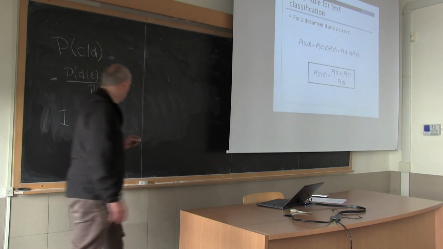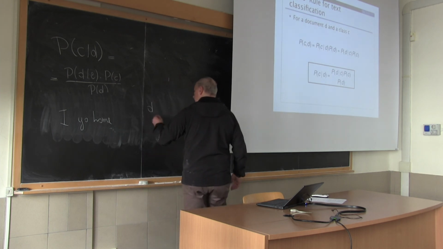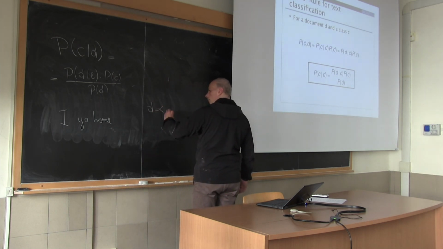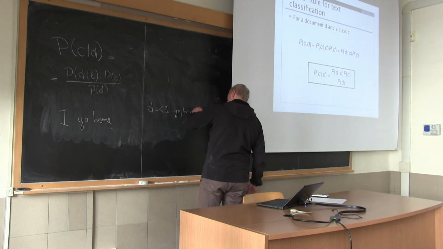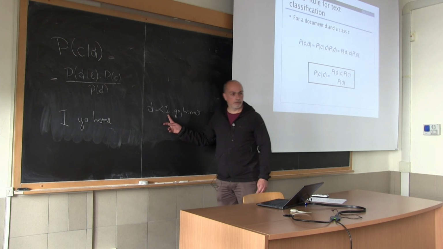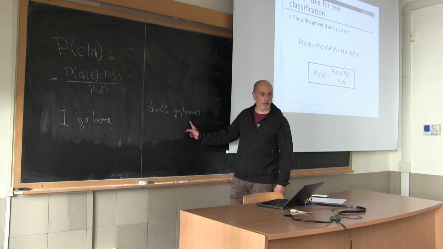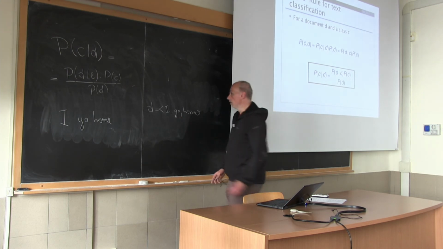Okay, in this case, my document would be: I have I in first position, go in second position, home in third position. This is one possible representation. Another representation will be the following.